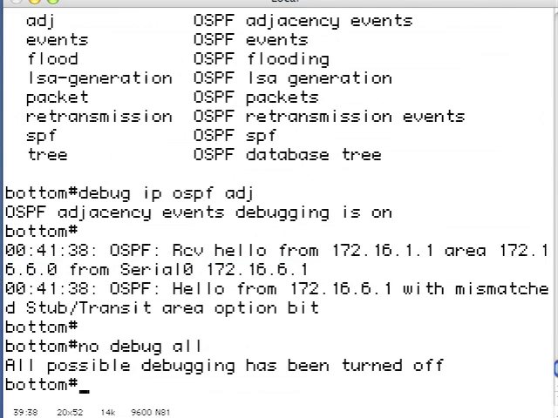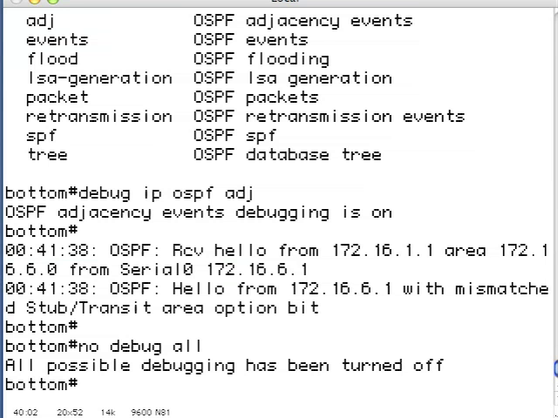Now this is important because stub areas improve the scalability of OSPF. But to migrate to a stub area, all routers in an area must be stub. And as soon as you enable stub on one router, guess what? It refused to form a neighbor relationship with the other routers.